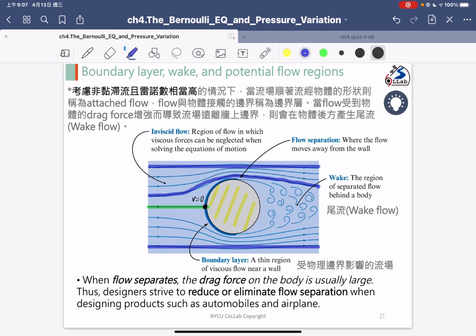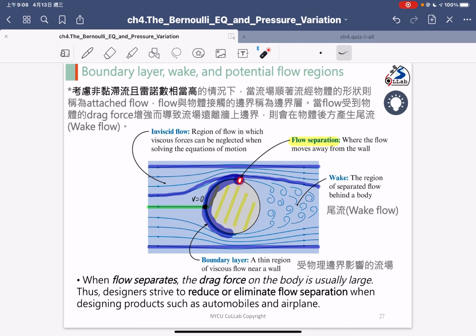Okay? So you can see, we can highlight some attached flow along the object. The blue curve I highlight in here, along this boundary, we call attached flow, because the flow is attached to the object body. And some important phenomena, we call flow separation. That indicates the flow in here starts from this point.